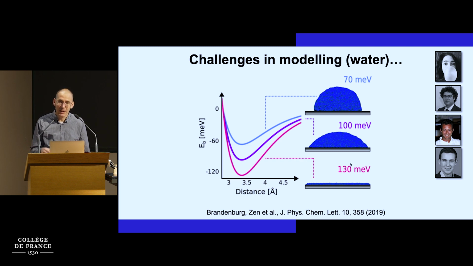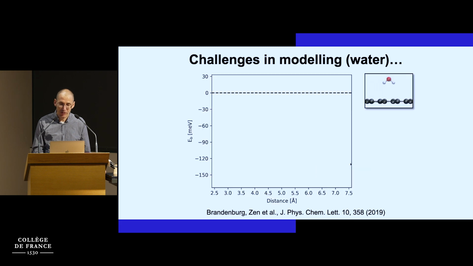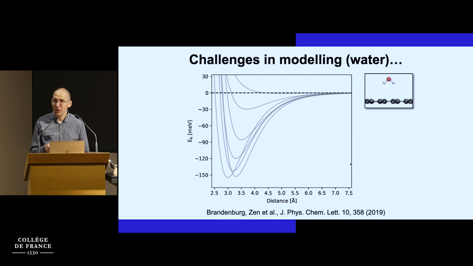And so, again, these are energies that are in the range of accuracy of density functional theory. So if we now ask, well, this quantity, the water surface interaction strength, has a big impact on the water droplet contact angle, what is the correct number?